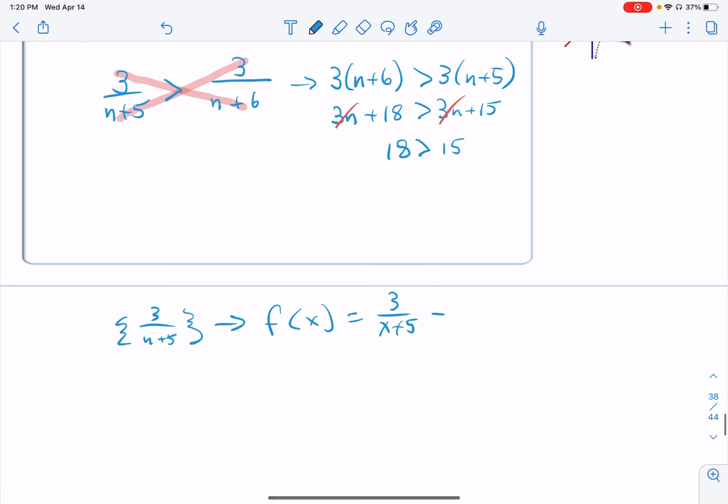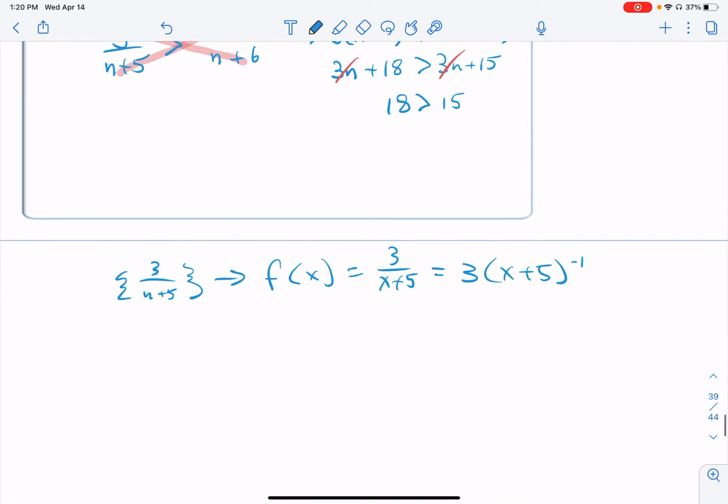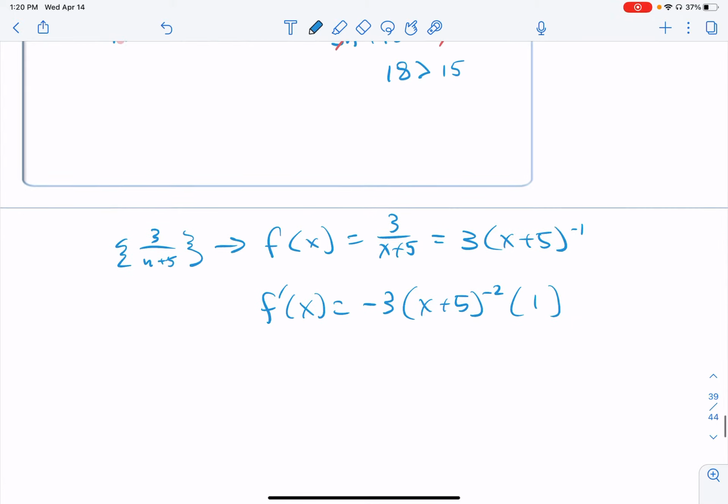And then you take its derivative, x plus 5 to the negative 1 power. So f prime of x is equal to negative 3 times x plus 5 to the negative 2 power times the derivative of the interior, which is a big fat 1. All right, and then just rewrite this as negative 3 over x plus 5 squared.